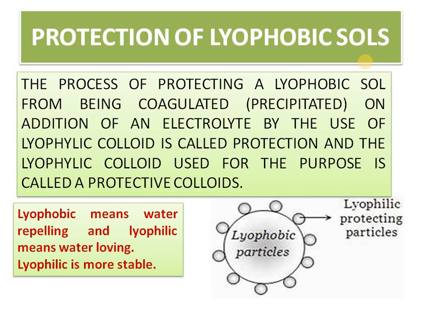The lyophilic colloid used for the purpose is called a protective colloid. You basically know that lyophobic is water repelling and lyophilic is water loving, so it is more hydrated and more stable.